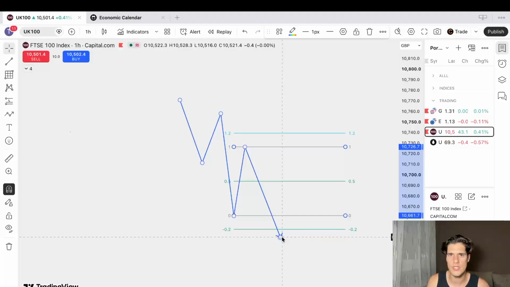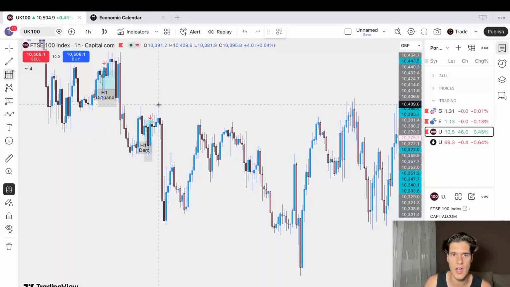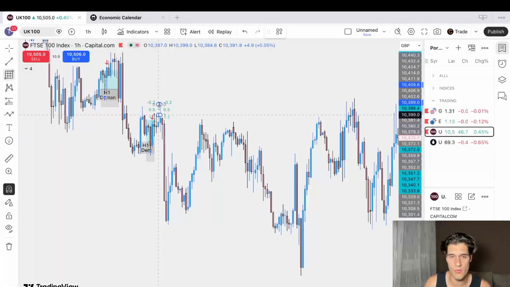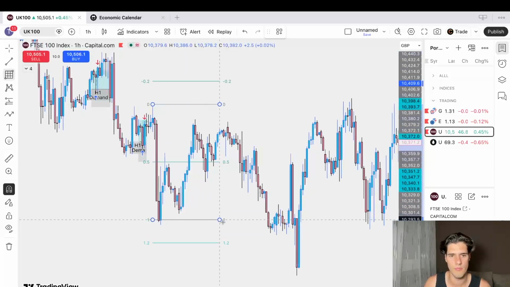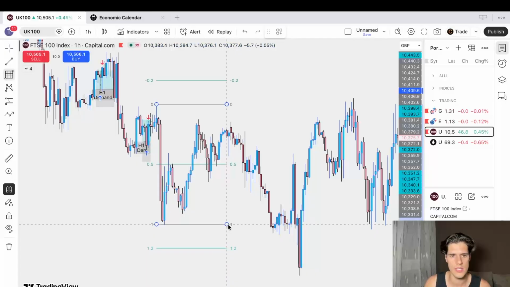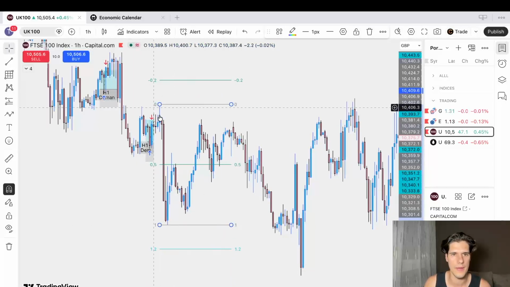But let me show you this on the real charts. So we are on the charts right now, and for the equilibrium zone we need to find the high of the movement and the low of that movement. Our low is here, as you can see, and here is our high.